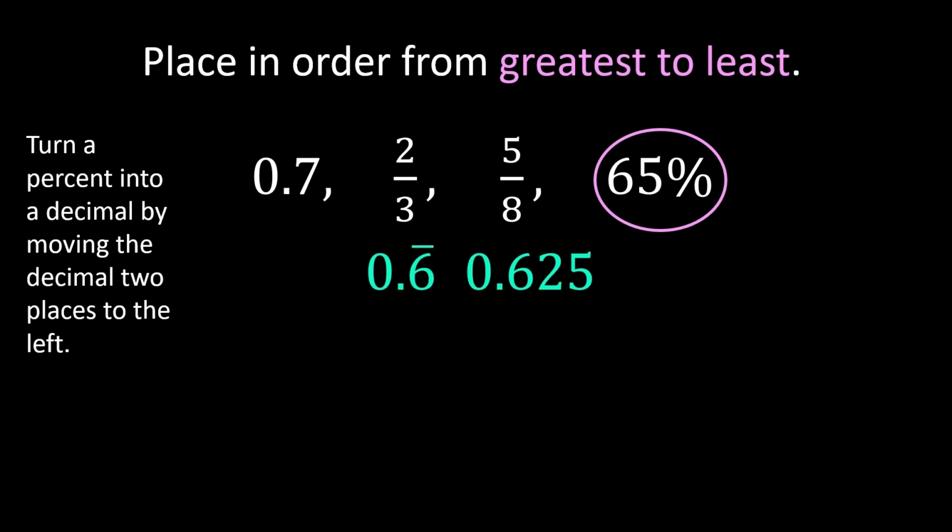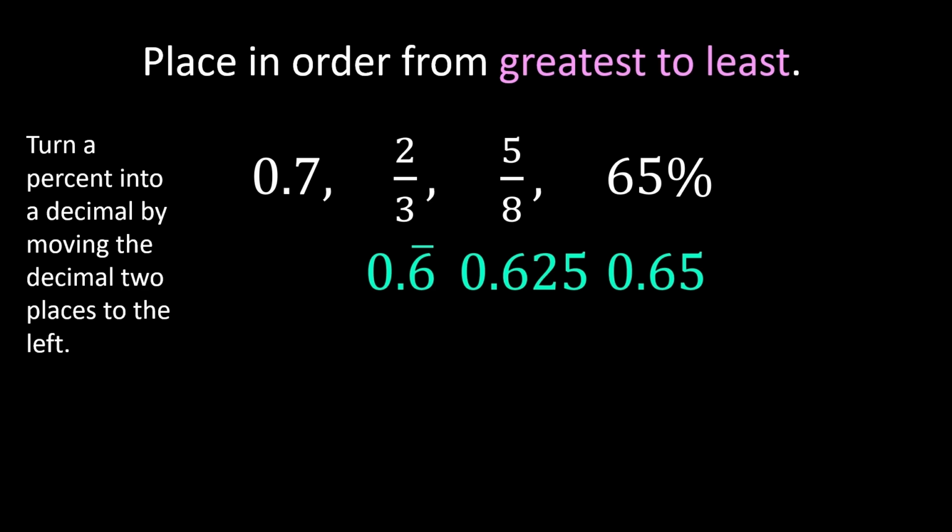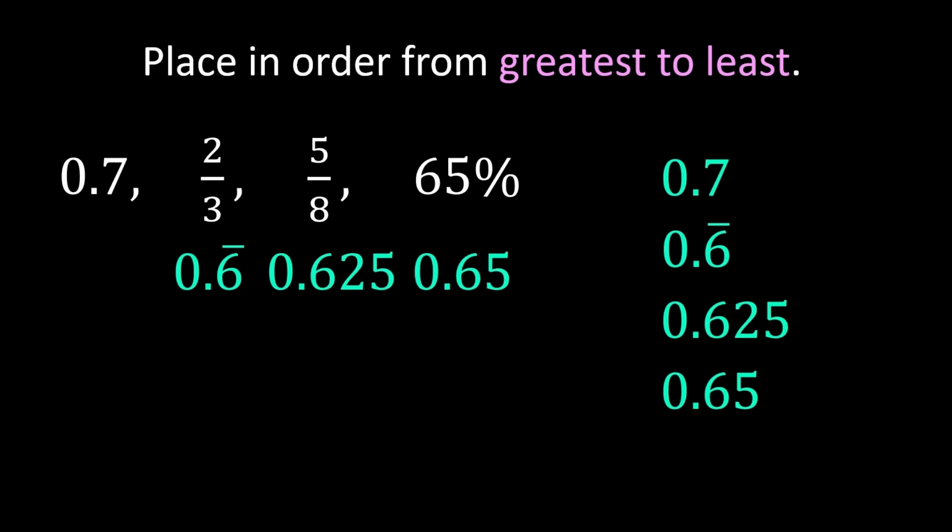The decimal is here behind the 5, and we're moving it 2 places to the left. 65% is equal to 65 hundredths. Now we want to compare the numbers, so we're first going to list them, making sure that the decimal and therefore the digits are lined up.